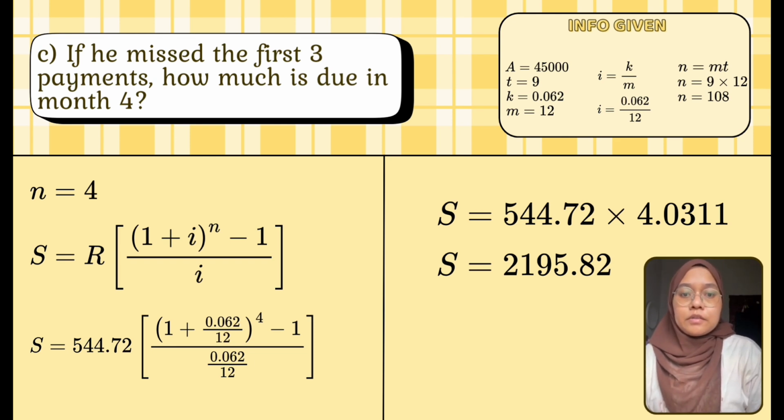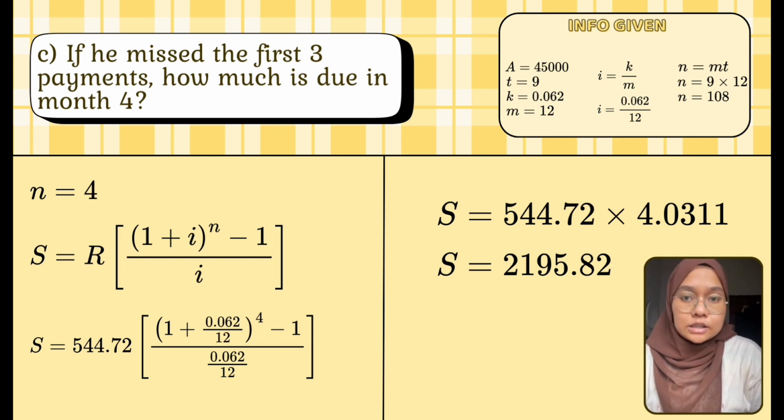Next, for question C, if he missed the first 3 payments, how much is due in month 4? The term of investment is changed, which is n is equal to 4 since he missed the first 3 payments. The formula used in this question is future value, which is S is equal to the periodic payments R times parenthesis 1 plus periodic interest rate i parenthesis and the power of term of investment, which is n, and then minus 1, and then divided by periodic interest rate, which is i.